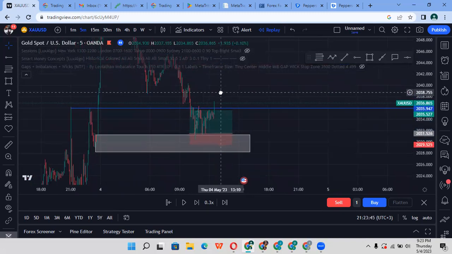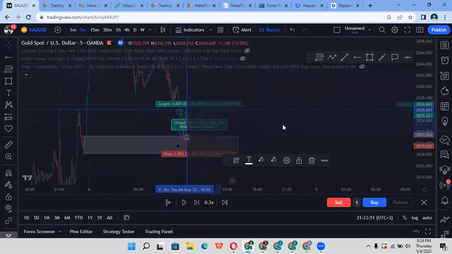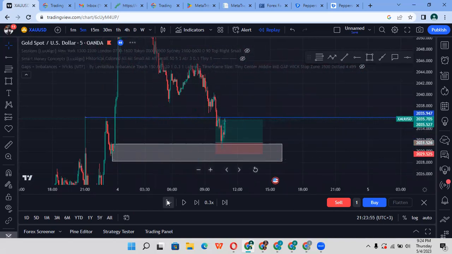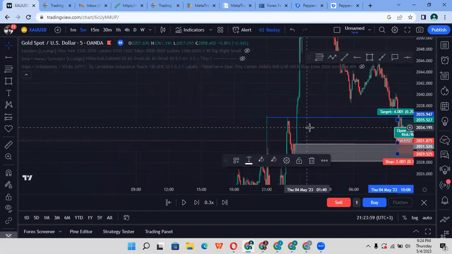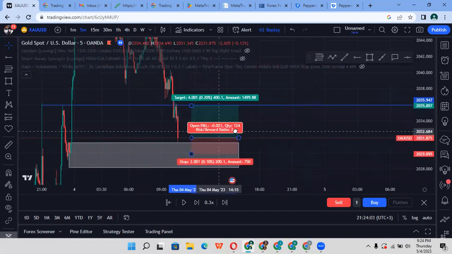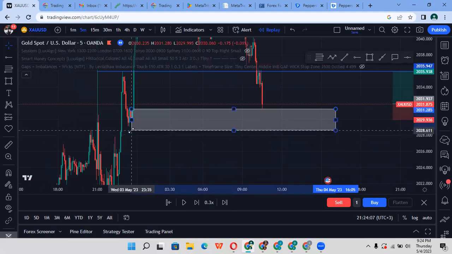I will go to the 1 minute time frame. You can see price is approaching this level that I drew.